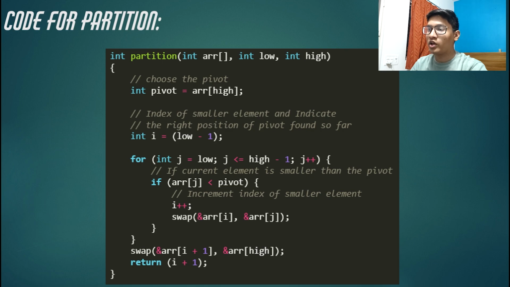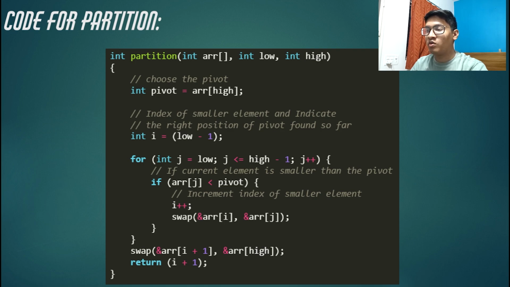In the next line we are using a for loop where j is equal to low, and while j is less than or equal to high minus 1, j increments by 1. Here we check whether arr[j] is less than the pivot or not.